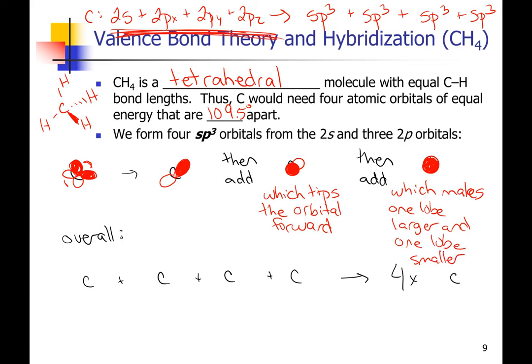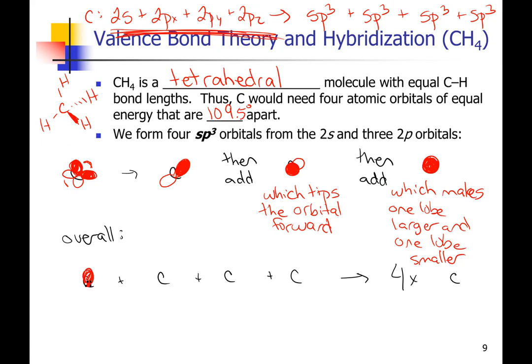Now, we've taken 4 atomic orbitals and combined them, and we are talking about 1 hybrid atomic orbital. But of course, you can't take 4 orbitals and make 1. You have to take 4 orbitals to make 4.